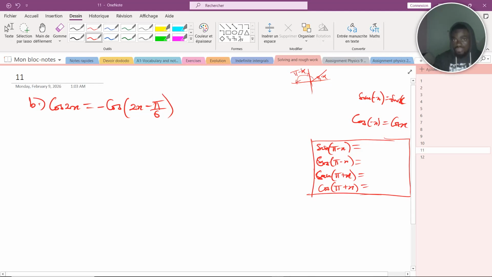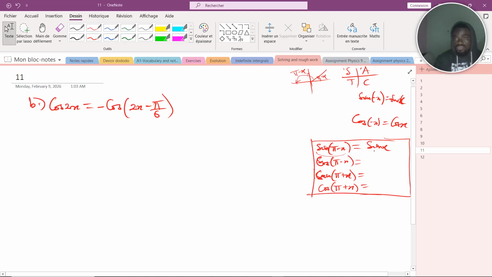If I look at this as an angle in the second quadrant, where is sine? Remember, using ASTC, sine is positive in the first and second quadrants. So the sine of this is simply equal to sine x.